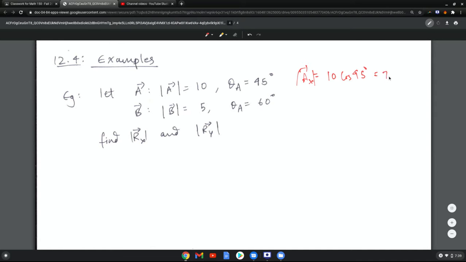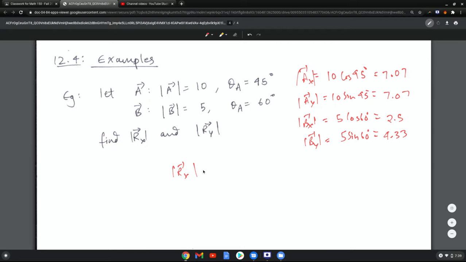Making sure it's in degrees, that is 7.07. Ay is 10 sine 45, which is also 7.07. Bx is 5 cosine 60, which is 2.5, and By is 5 sine 60, which is 4.33.